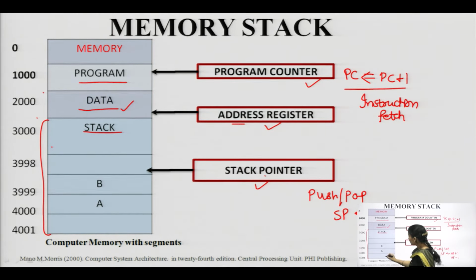The first element will be inserted at 4000 because initially my stack pointer is at 4001. To push my first data, it will be decremented because I will be moving on to the next empty location, that is at address 4000, where I will insert my A. The second push operation will take place at address location 3999.